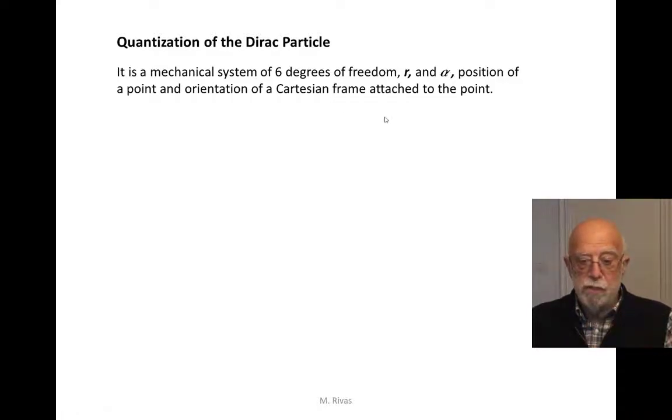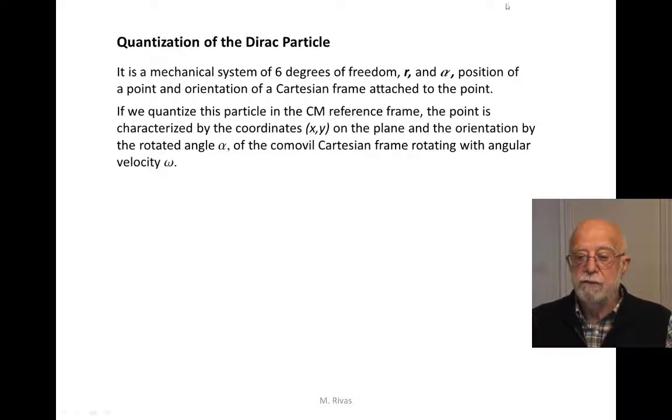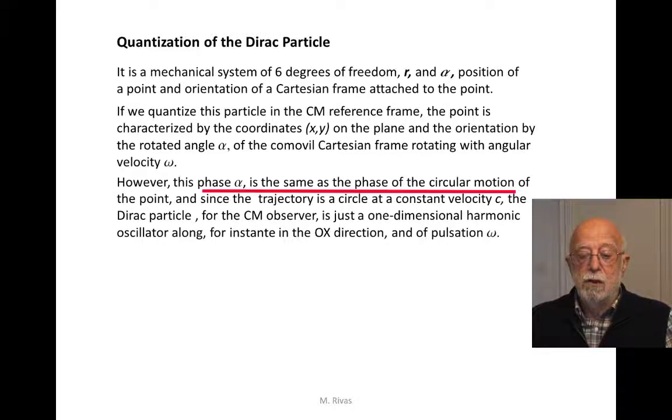But in the center of mass frame, if we fix the direction of the spin, instead of 3 we have 2 coordinates moving on a plane, and as far as the orientation is concerned, we have just one angle, the rotation of that frame, which can be taken along the direction of the angular velocity. But the phase of this rotation is the same as the phase of the point on the circle.